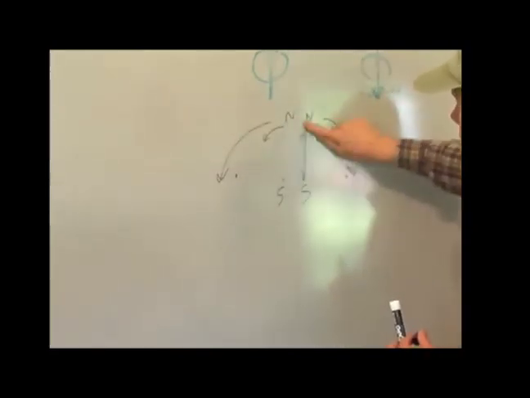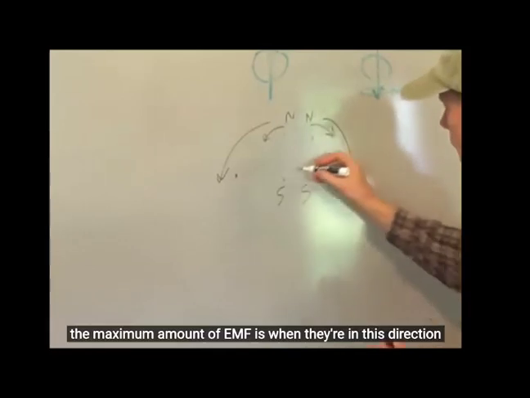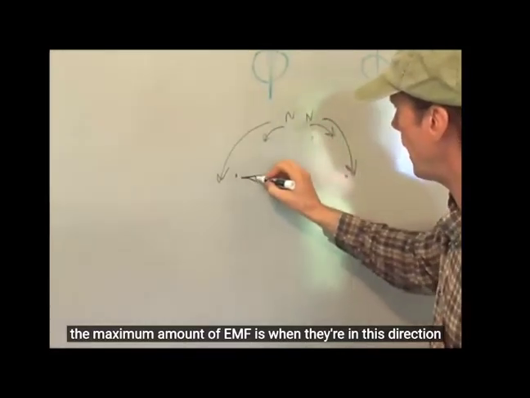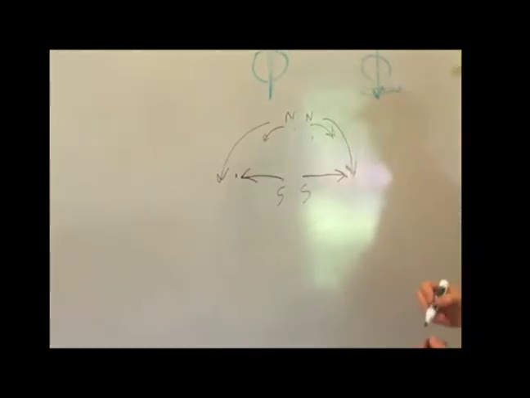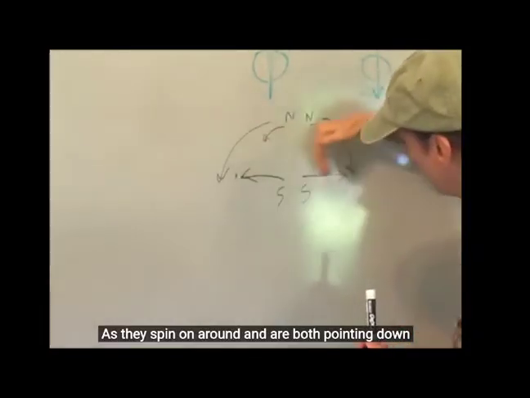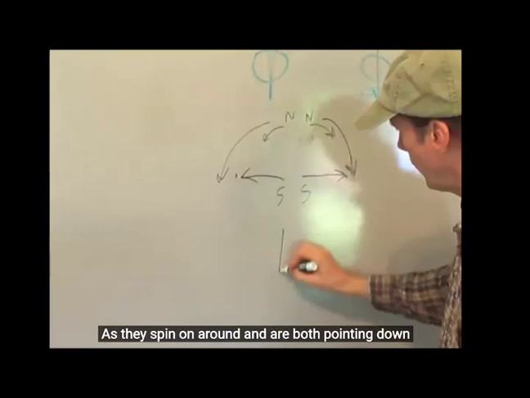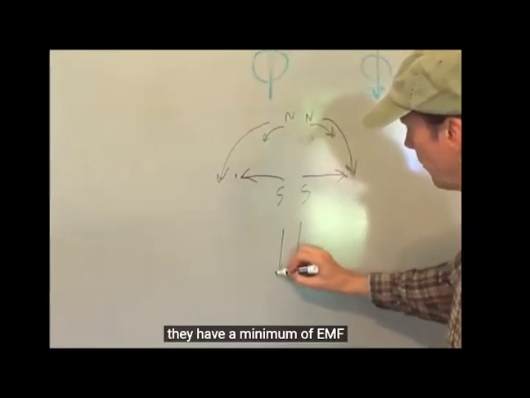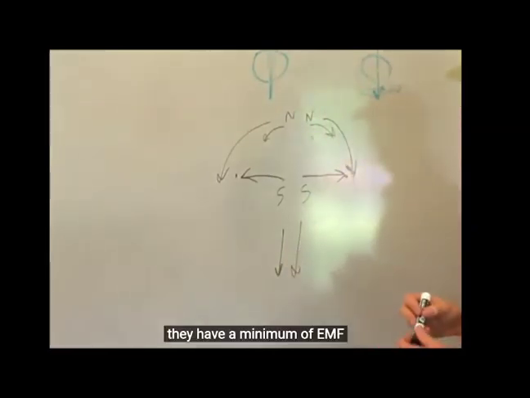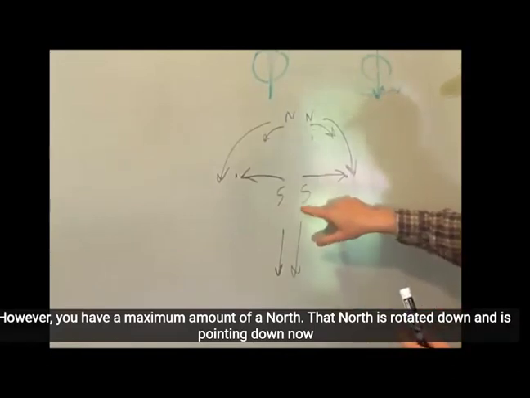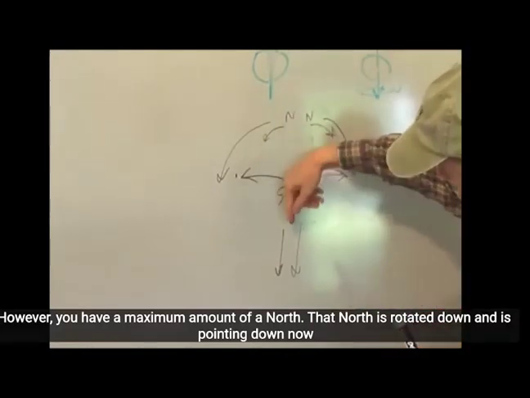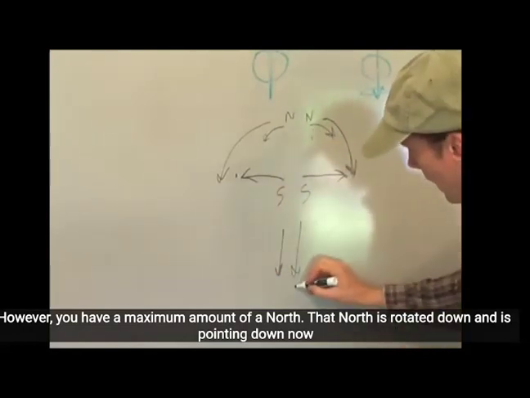And that's the maximum amount of EMF when they're in this direction. As they spin on around and are both pointing down, you have a minimum amount of EMF. However, you have a maximum amount of north. That north is rotated down, is pointing down now.